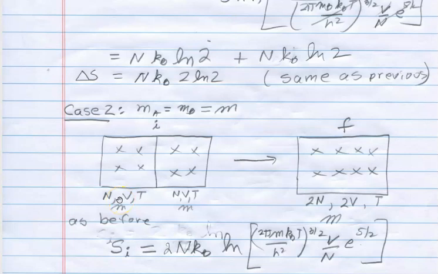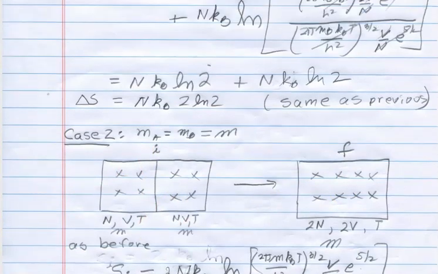You have N particles on both sides, the same particles, so they have the same mass M. They have the volume on the left and the volume on the right at equal temperature and mass M. That's the initial state, and then it goes over to the mixed state. And now I've got 2N particles in the final, and they're able to roam over twice the volume once I remove the partition between the two.